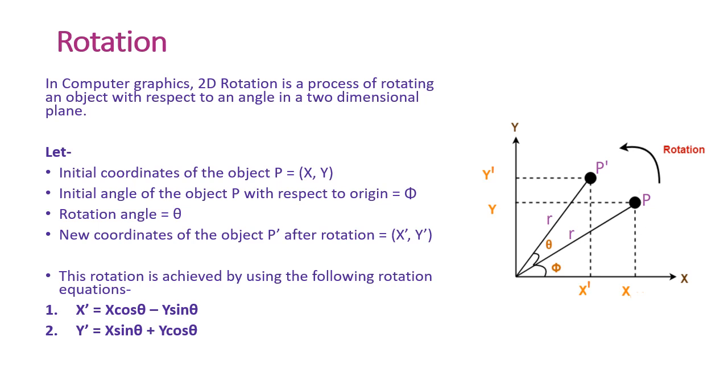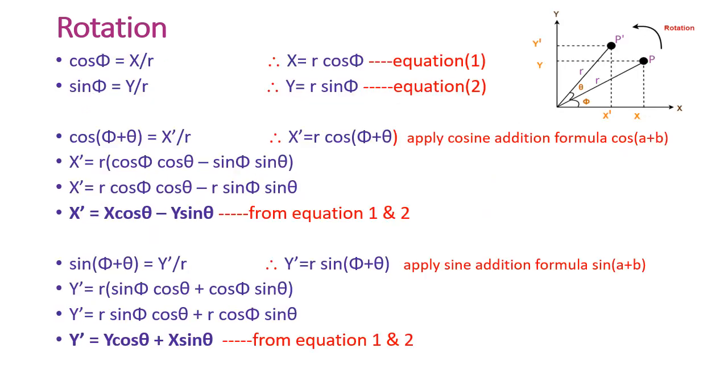We achieve this rotation by using two equations: x dash is equal to x cos theta minus y sin theta, and y dash is equal to x sin theta plus y cos theta. Now we will see the derivations for these two equations.